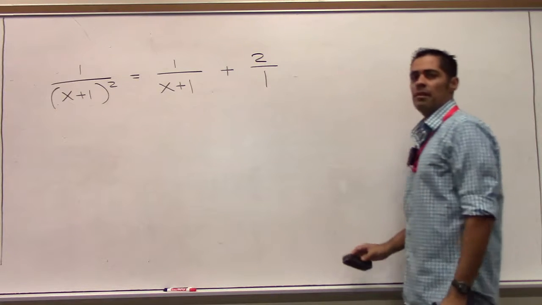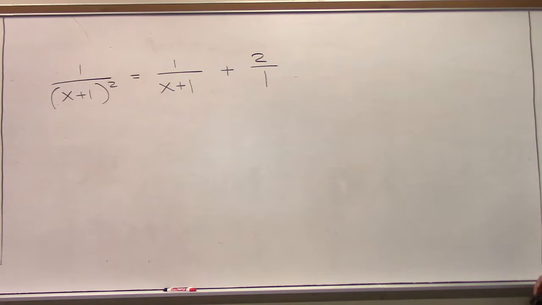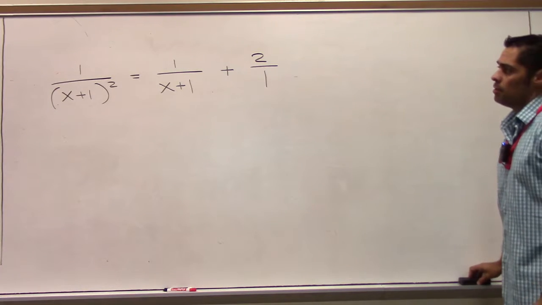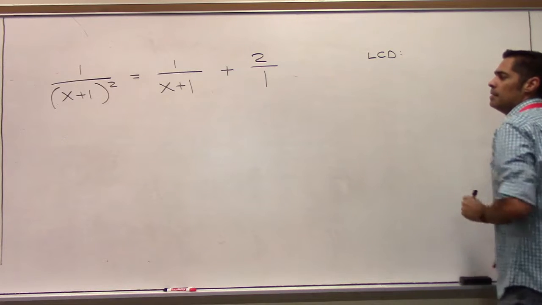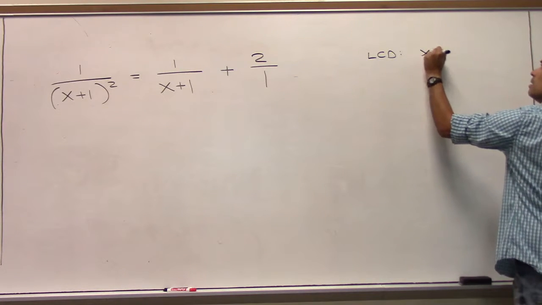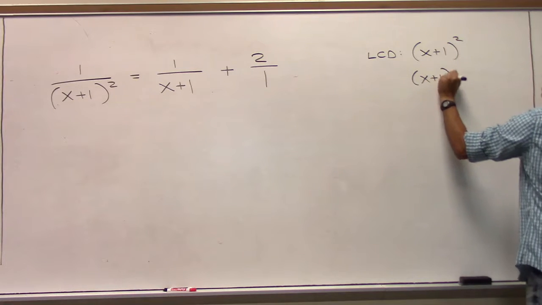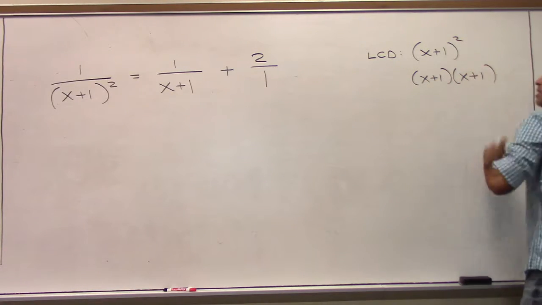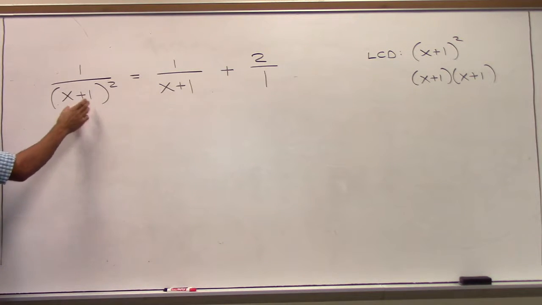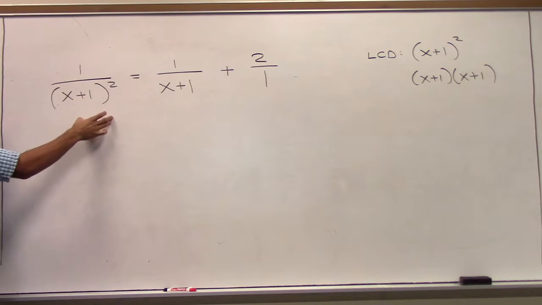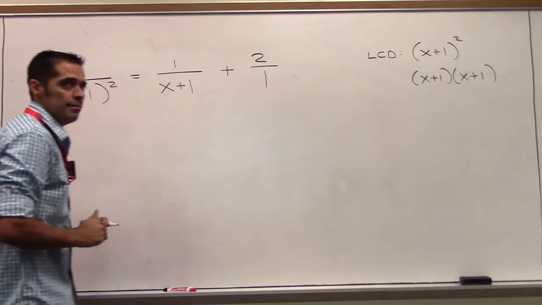You have to view that 2 as being a fraction. And then at this point, you can find the LCD, the least common denominator, which would be x plus 1 squared, or in other words, x plus 1 times x plus 1. The least common denominator comes from the fact that this denominator has 2 factors of x plus 1. So that means you need every single one of these to have 2 factors of x plus 1 in them.